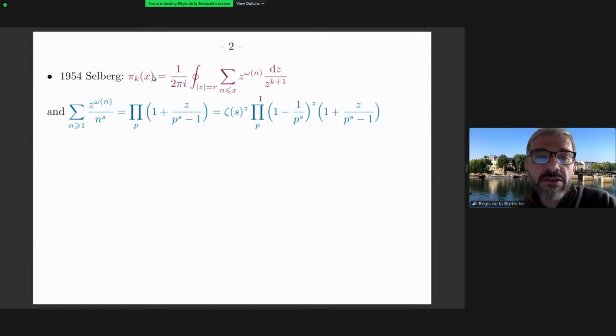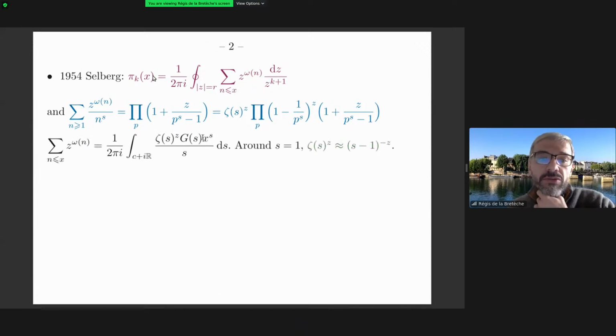So it's okay for s with real part larger than 1, and of course you need to be careful with the definition of zeta of s to the power z when the real part of s is less than 1.